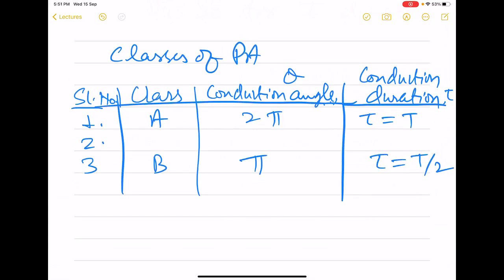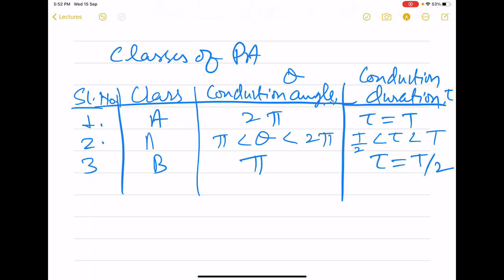And there's a scenario when this MOS conducts for a duration more than half of the cycle but less than the complete cycle. So for this case, the conduction angle will turn out to be anywhere between pi and 2 pi.